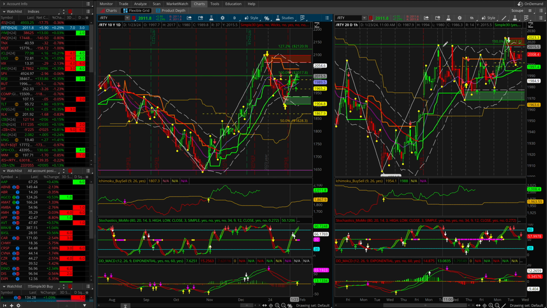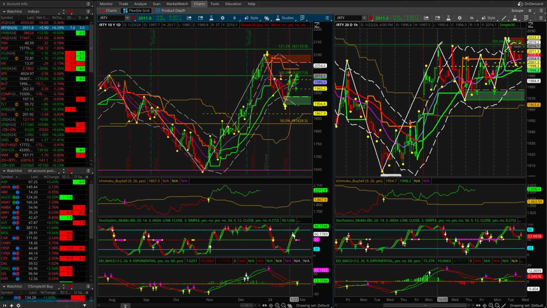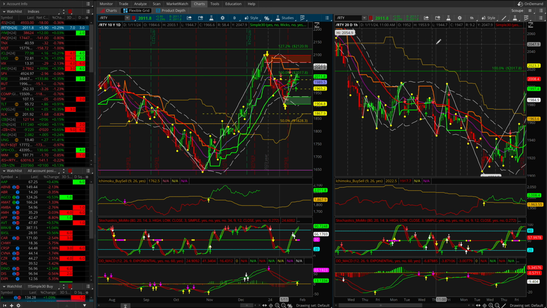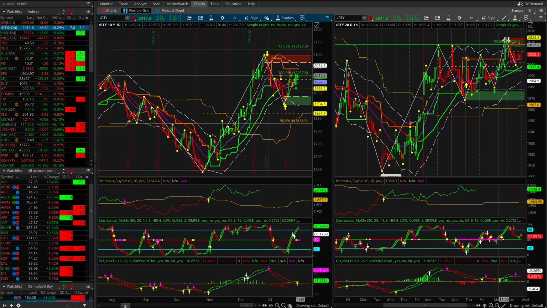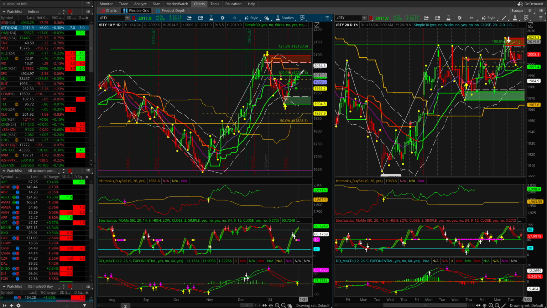So this is, I think, technically a break of structure to the upside, because that candle did close above these old pivots, and it didn't just come up here and test the stops, I don't think. So now it's going to be a matter of does this thing hang out in this zone for a bit.